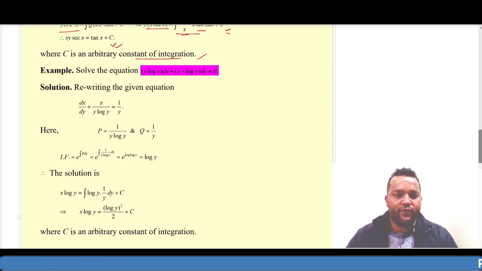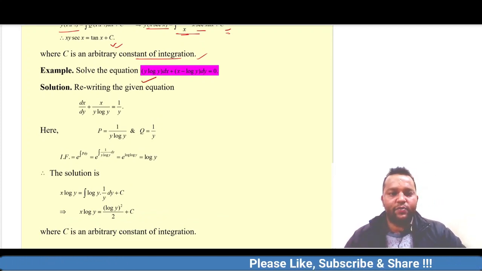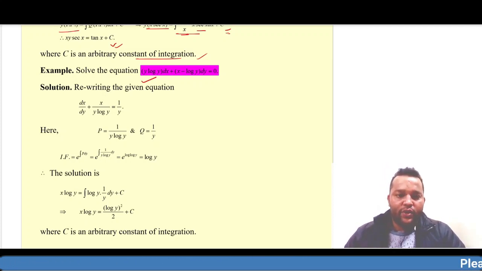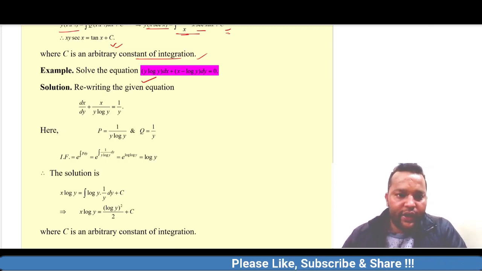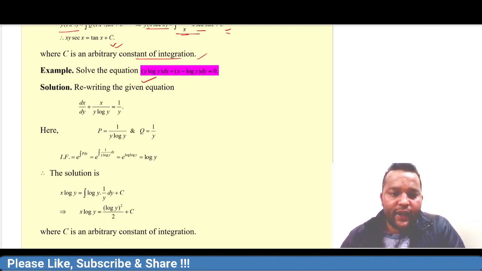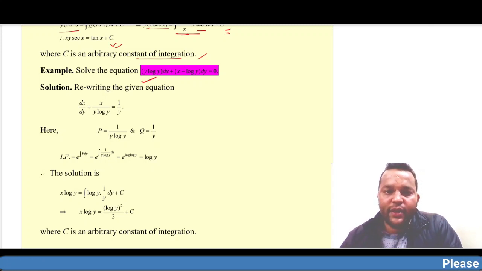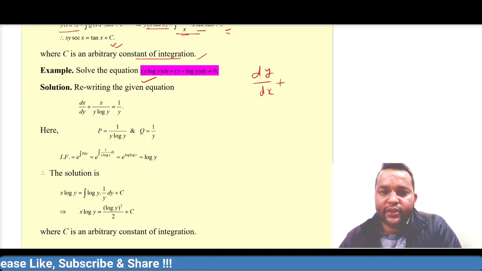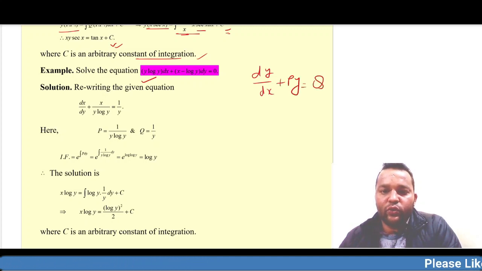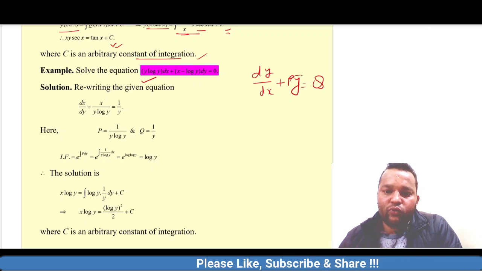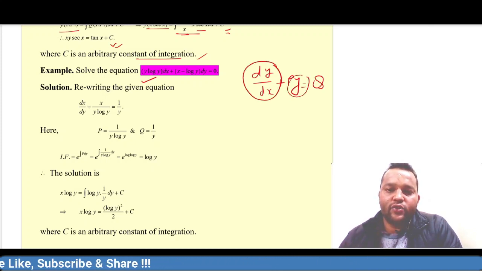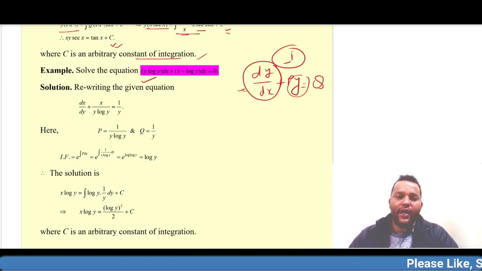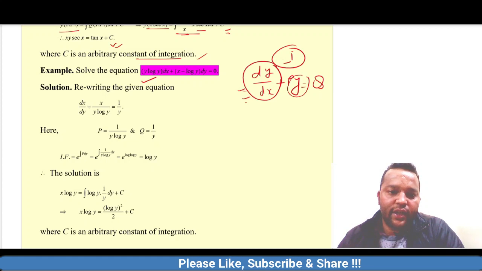Suppose we have to solve this differential equation: y log y dx plus x minus log y dy equal to 0. So rewriting this differential equation, dx over dy plus... Here it is clear that linear means, if we are writing this differential equation in the form dy by dx plus py equal to q, the degree of y and dy by dx should be 1 in order to state that this differential equation is linear.